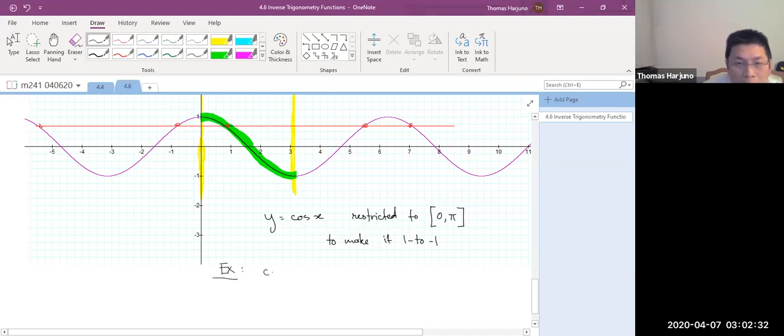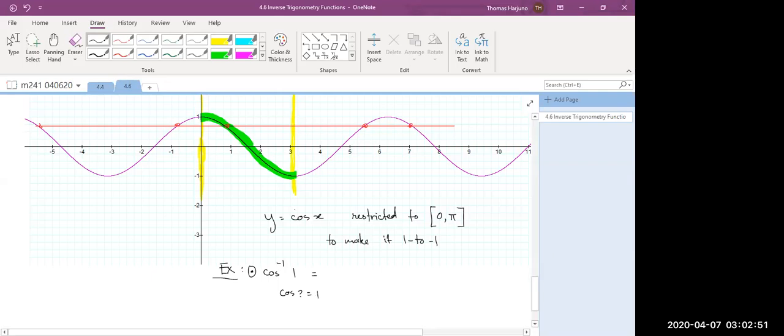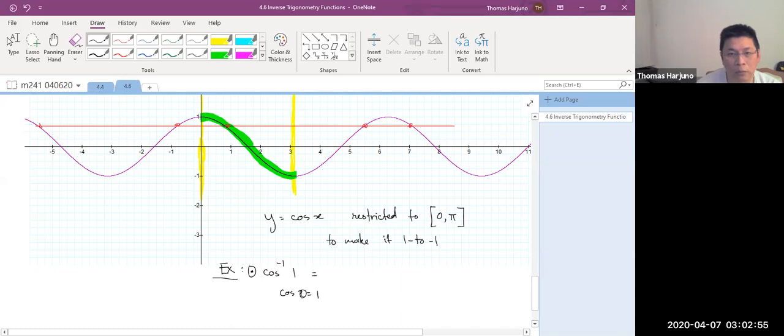Let's say, for example, what is cosine inverse of 1? So you ask yourself, cosine what equals 1? 0. Cosine 0 equals 1. So cosine inverse 1 is 0. Okay.